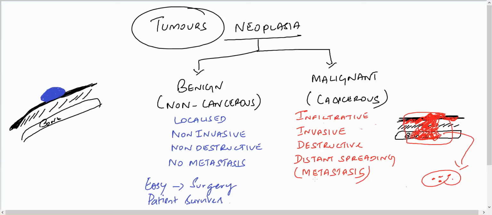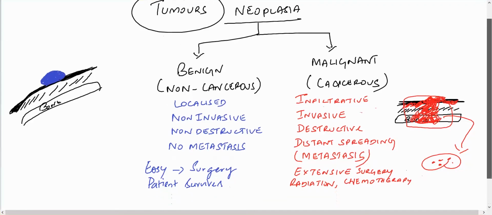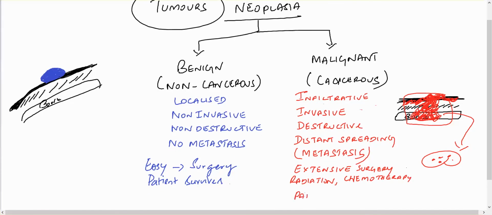Whereas in the malignant, they need extensive surgery, and they need aggressive treatment like radiation and some chemical drugs we call chemotherapy, and the patient survivability is affected.